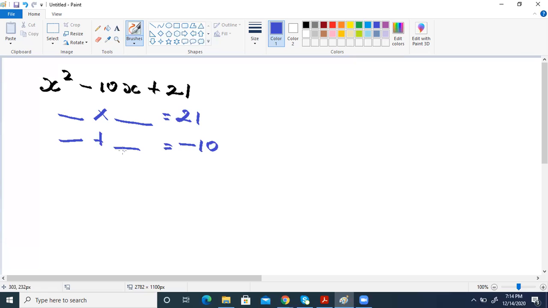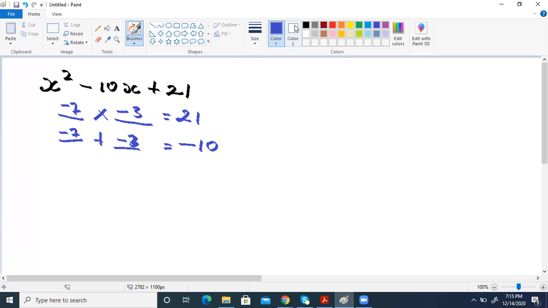Last week we agreed that the two numbers are negative 7 and negative 3, because negative 7 times negative 3 gives you positive 21, and negative 7 plus negative 3 gives you negative 10.